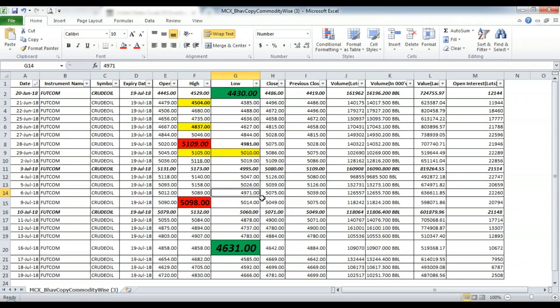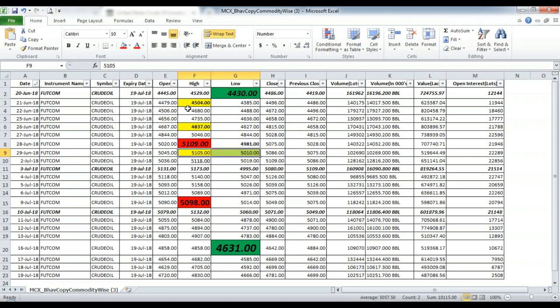When it tried moving upside, it went all the way to 5109 or above that, and then again started coming down. Okay, so these inside candles in crude also have a lot of importance. Fine. So this I will cover in the next class.